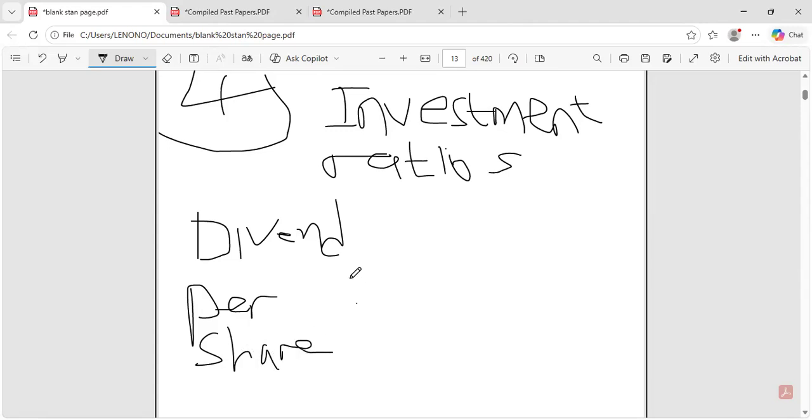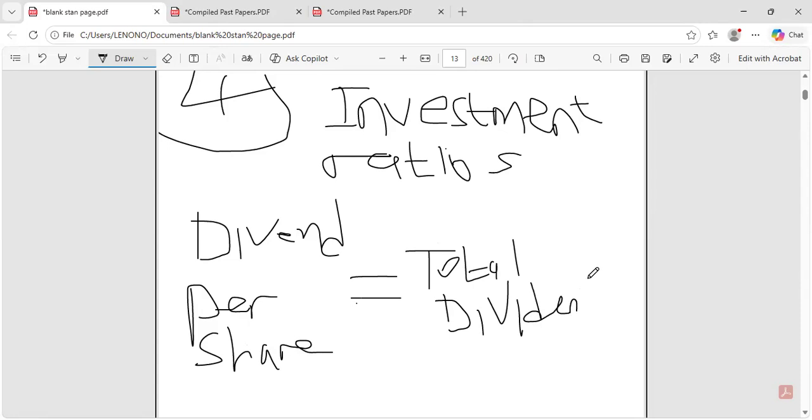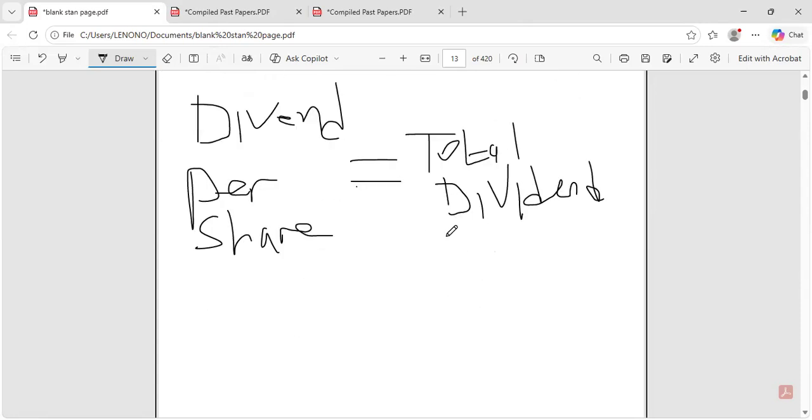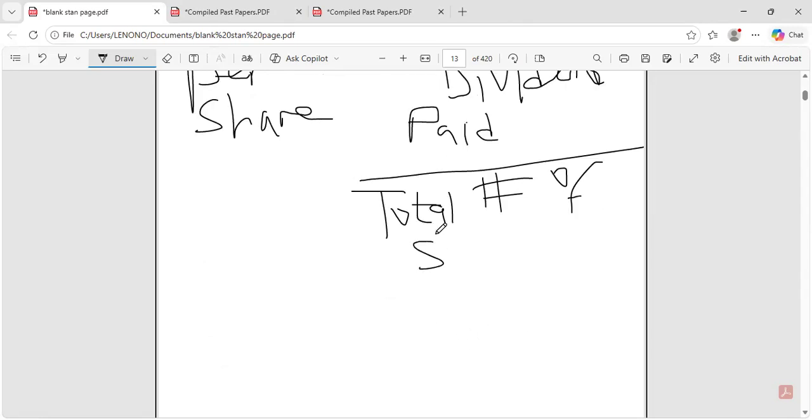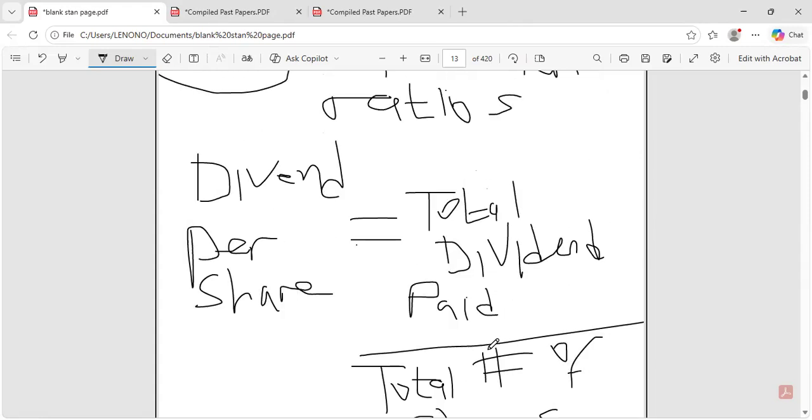The dividend per share is equal to total dividend paid over total number of shares. So total dividend paid over total number of shares. That's the dividend per share.